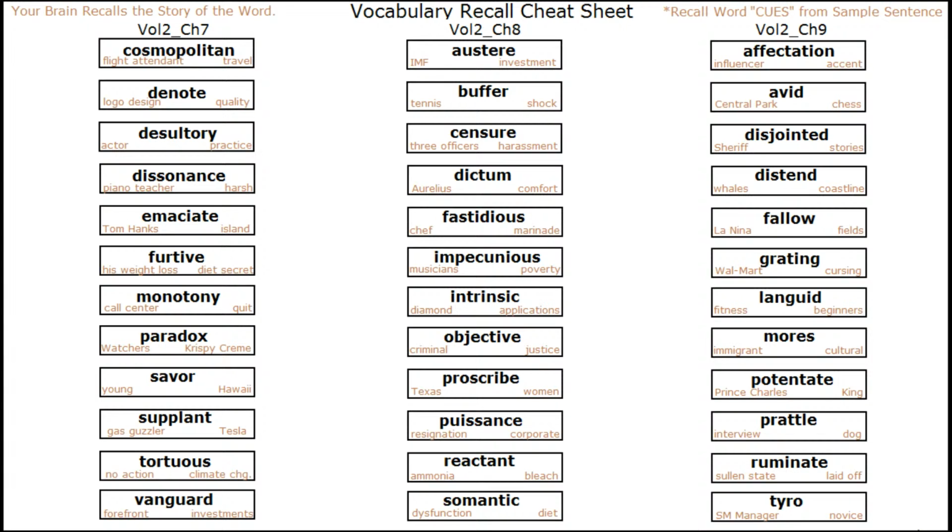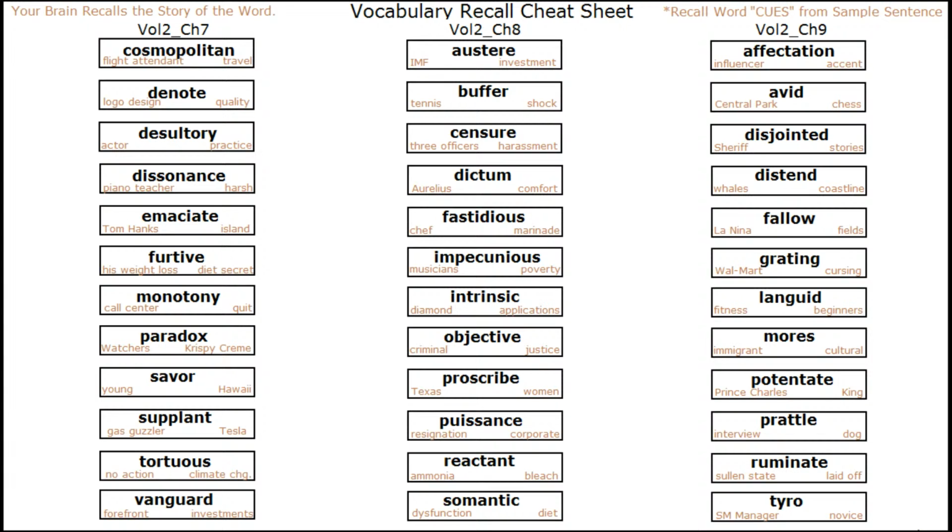If we go to Volume 2, Chapter 8, we can see a fastidious chef marinade. That had to do with the chef paying meticulous attention to the spices that were used in the marinade for meat and seafood. Intrinsic was the nature of the diamond with respect to the applications.